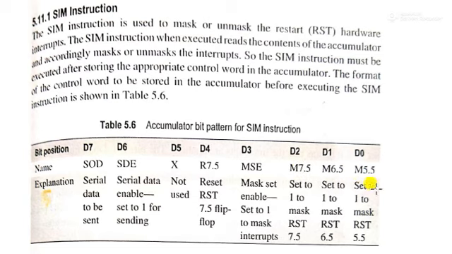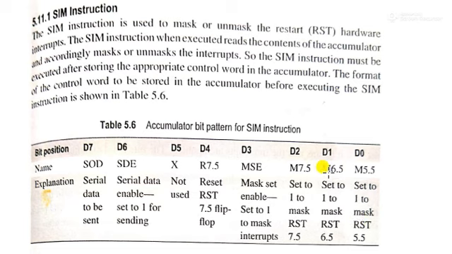When is it masked? When it is set to 1. When the D0 bit is 1, RST 5.5 will be masked. That means we will not allow RST 5.5 if the D0 bit is 1. If the D0 bit is 0, RST 5.5 is unmasked, and at that time we allow RST 5.5.